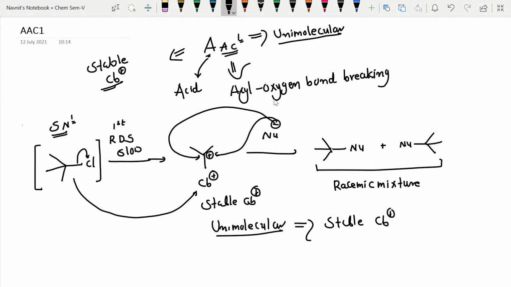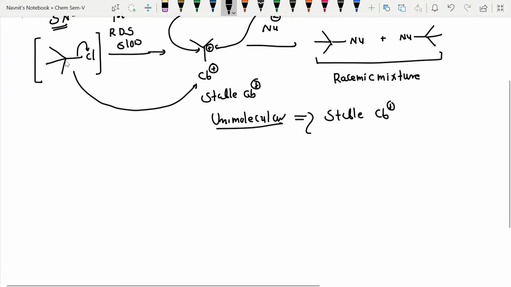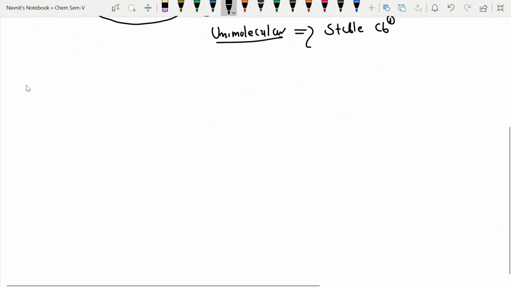Because I'm talking about a unimolecular reaction. So when I use sterically hindered acids, because we know that this is an sp3 carbon, and this is a tetrahedral carbon. Tetrahedral carbon is always sterically hindered. Okay.